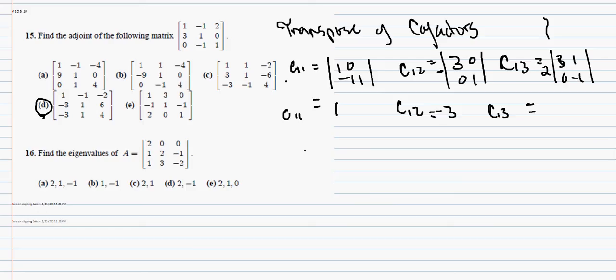Negative 3 times 2, it's negative 6. So we have that right here.